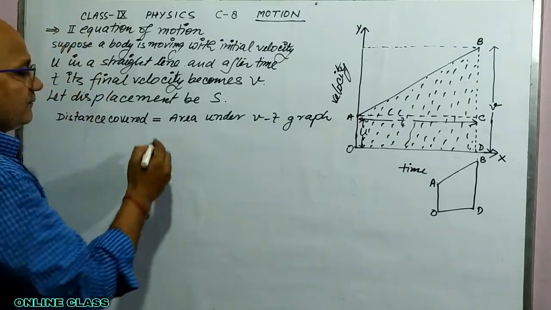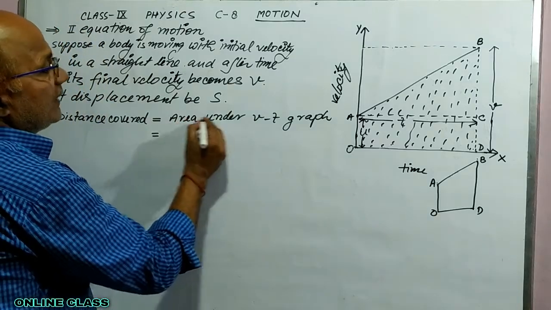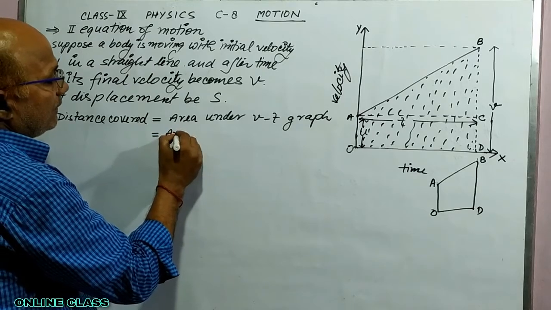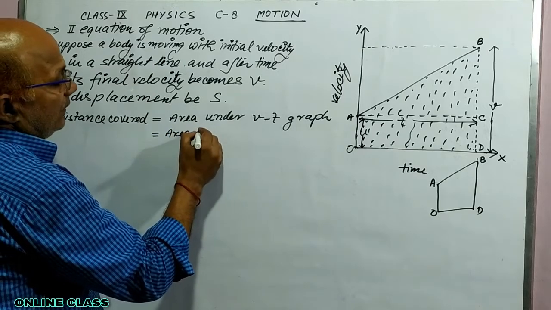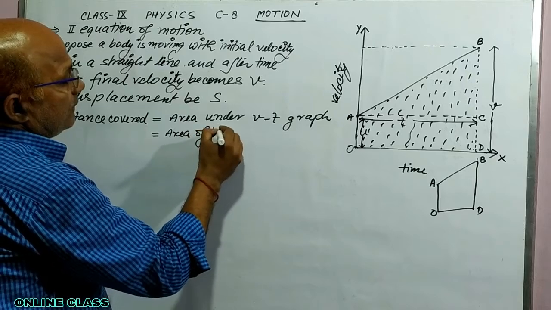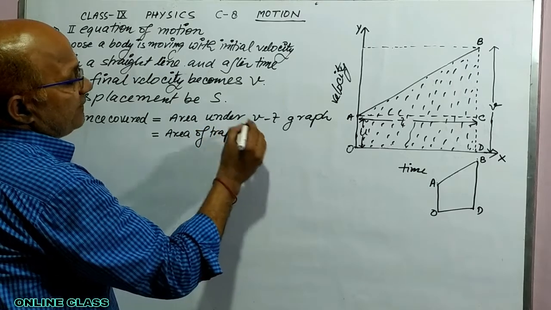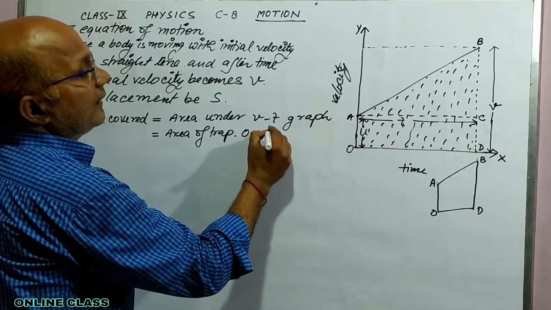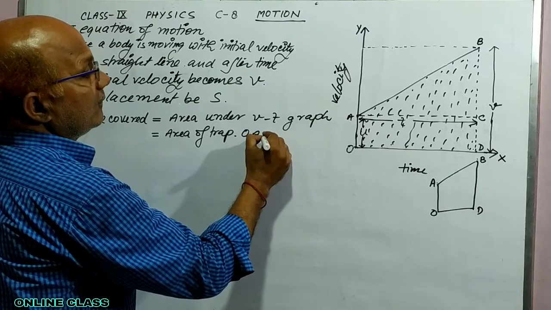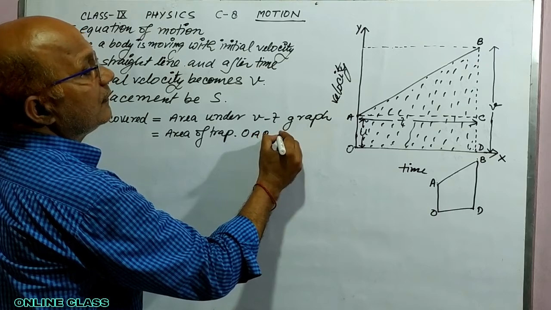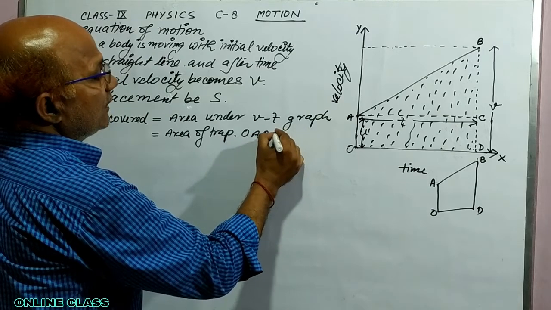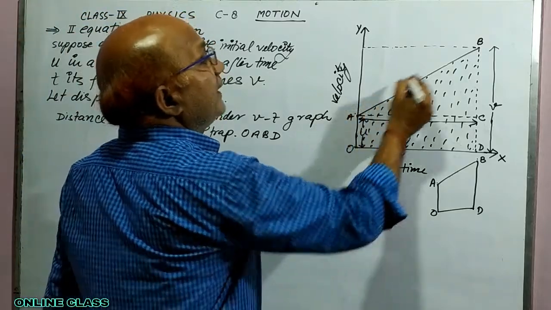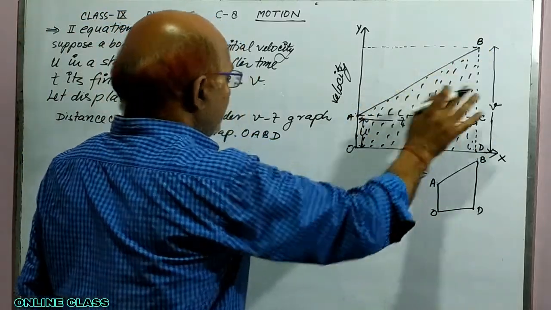So it means the area under the VT graph is actually the area of trapezium OABD. Okay, OABD, this is a trapezium.